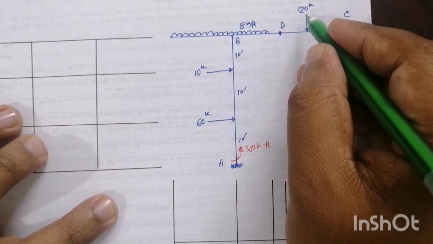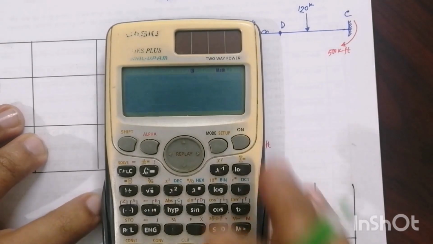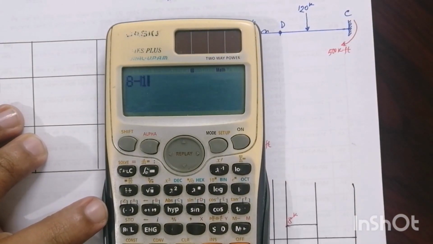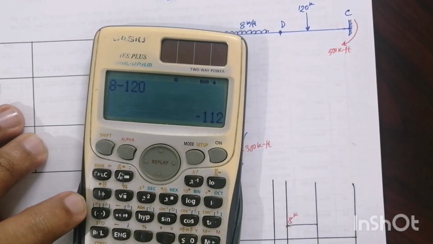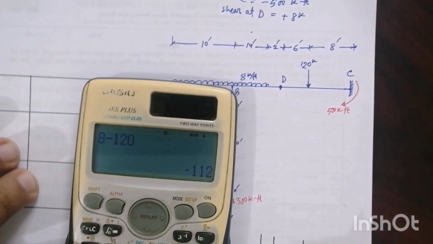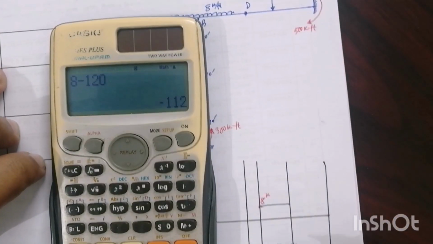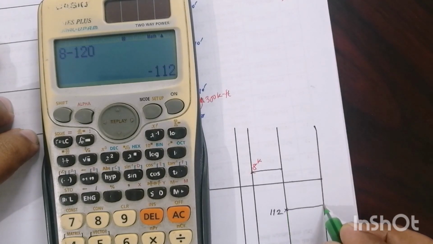Now 120 kip downward, so 8 minus 120 is minus 112. So we got this 112 kip, and again we see there is no force, so 112 kip will go to here.